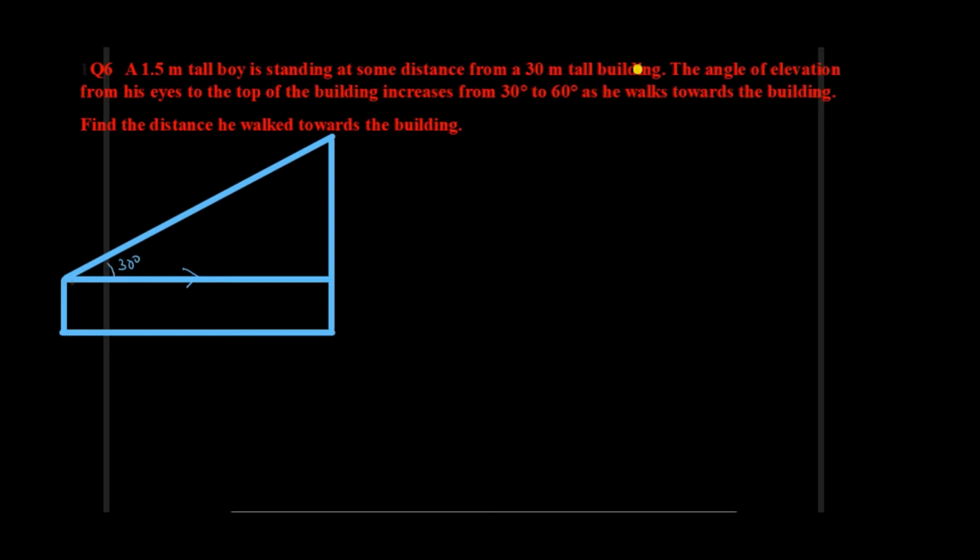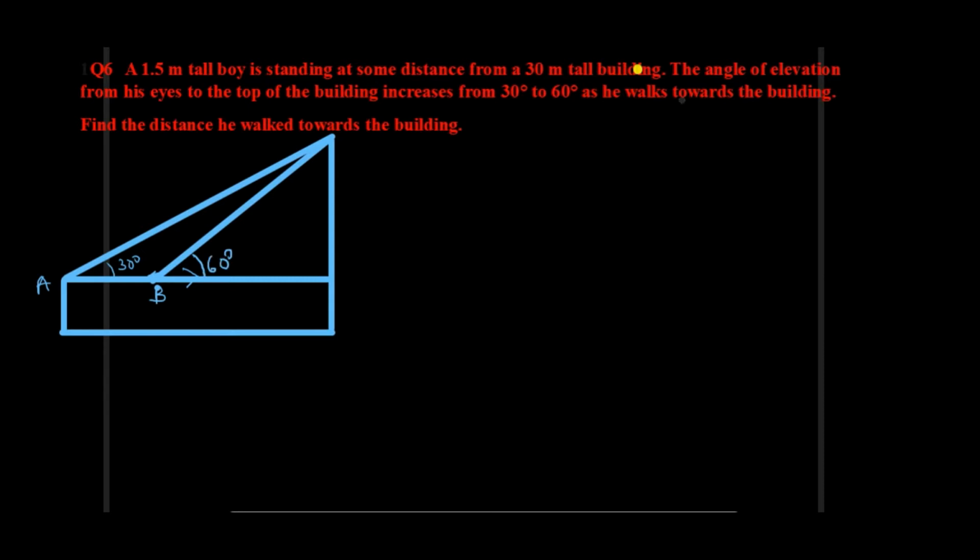But as he moves towards the building, suppose he moves to this point, and now when he sees the top of the building, the angle of elevation increases from 30 degree to 60 degree. So say this point was A and this point is B, and from the point B, if he sees the top of the building, the angle of elevation is 60 degree. Do you get this?